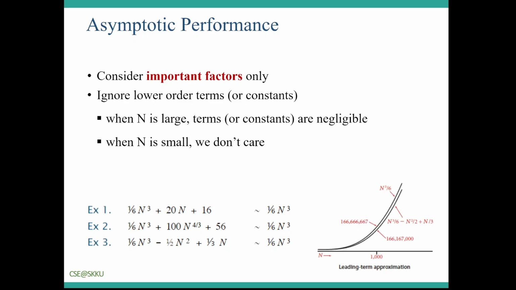6n cubed is less than or equal to C2 multiplied by n squared. We divide both sides by n squared. In this case, we get 6n is less than or equal to C2.